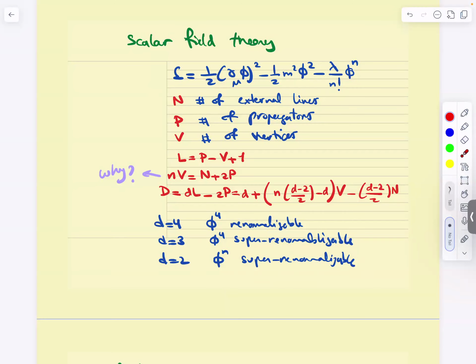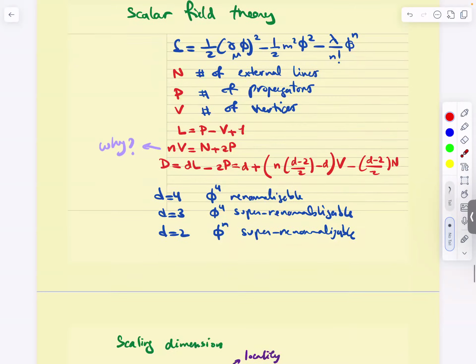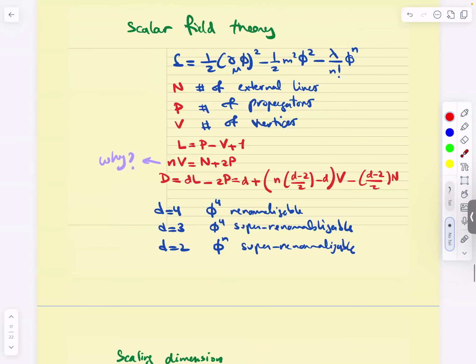So what we see is that, similar to the case of QED, the lambda phi 4 theory is renormalizable just at D equals 4. For lower dimensions, it's super-renormalizable, similar to QED. And above that, space-time dimension 4 is actually non-renormalizable.